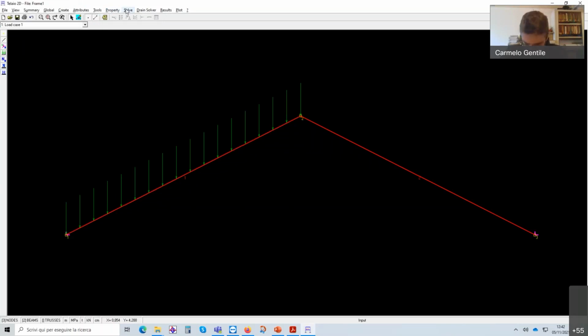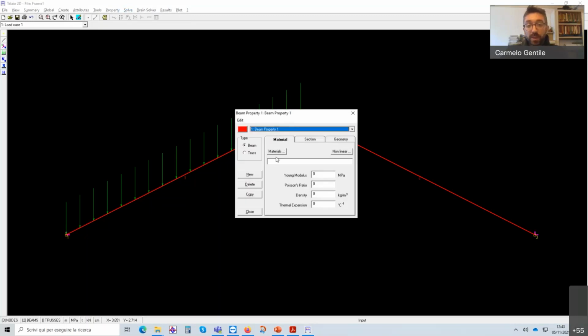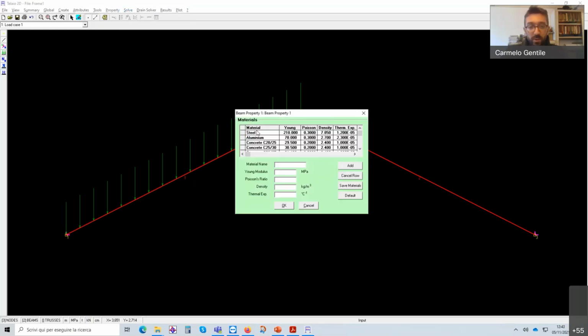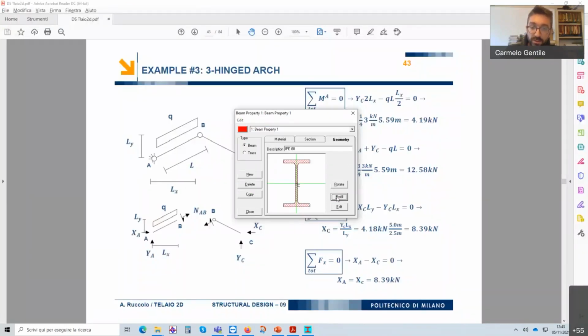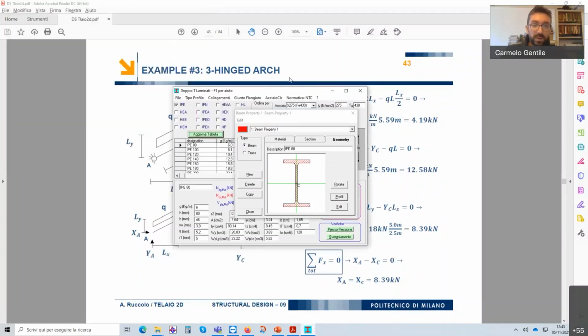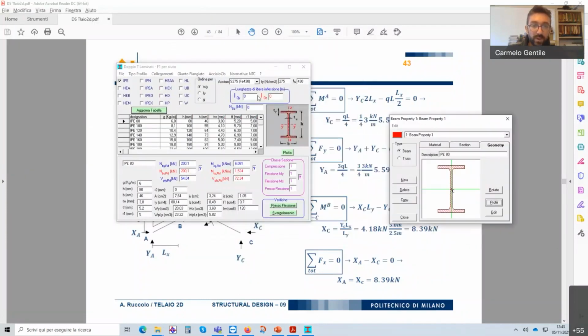Now, the properties of the material. We are dealing with a steel structure, and the profile is for material steel. I'm not doing it slow, but it's quite trivial. Geometry, profili. We'll look for the profile window, and we want HEA 200.